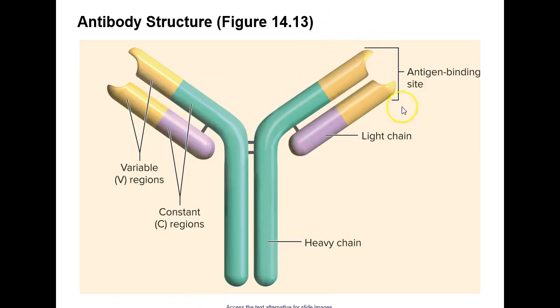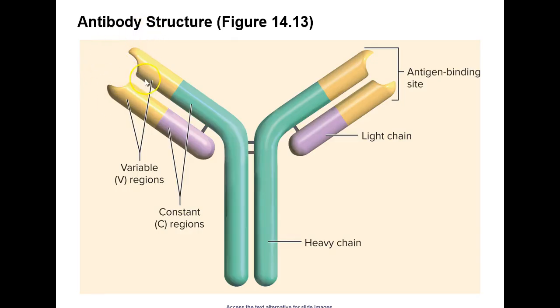Now at the top, you'll notice what's called a variable region. This is the region that differs for every single antibody that our cells produce, and the variable region is going to be determined by the antigen that it binds to. There's a shape up here at the top, and that shape will correspond to the shape of the antigen that it will be able to bind to.